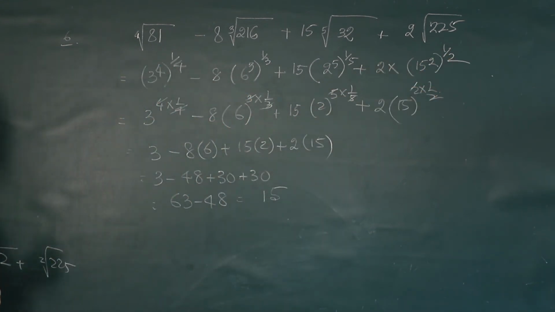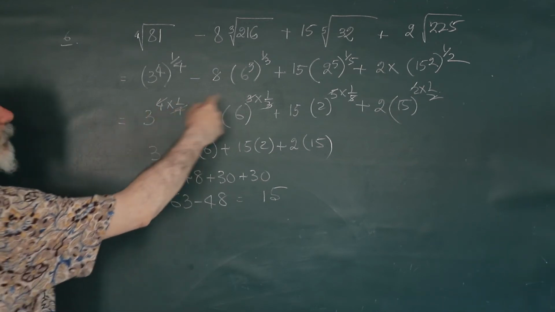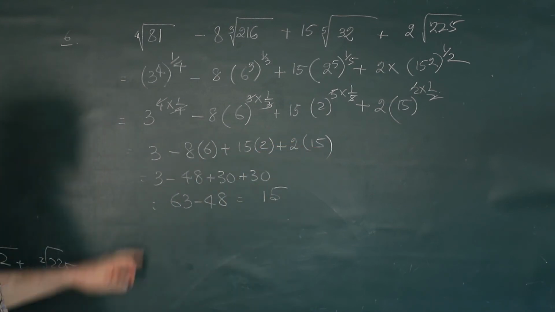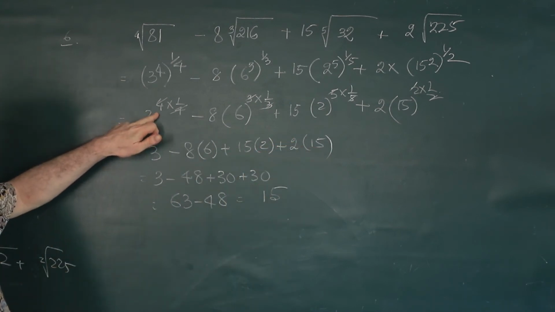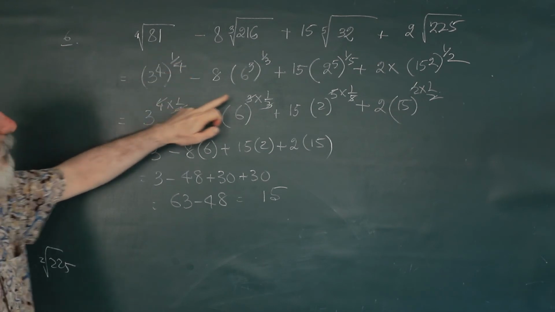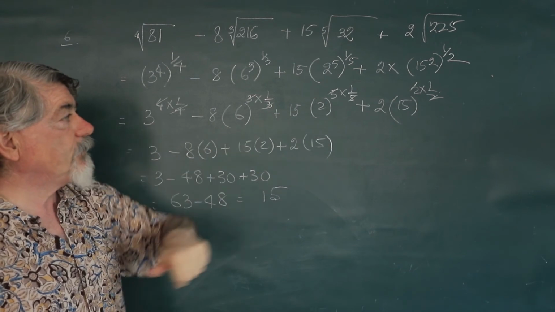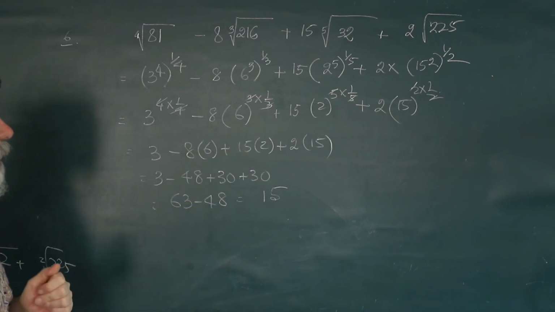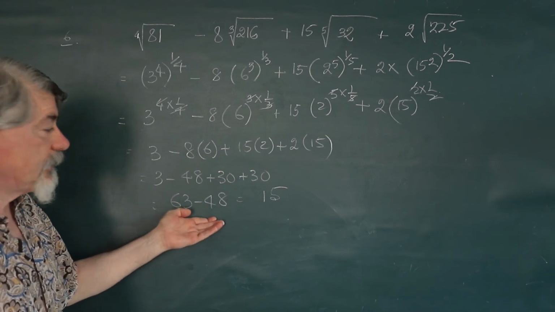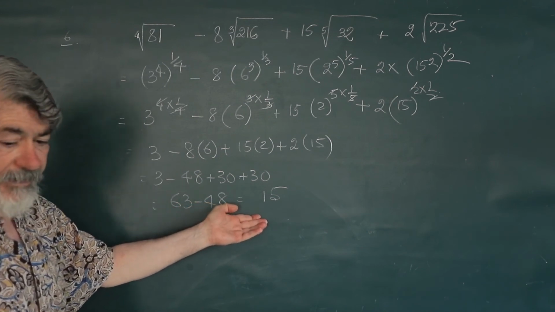So according to the power law, power to the power gets multiplied. So we brought the power and saw every power cancel with the number. So 4 into 1 upon 4 cancels, 3 into 1 upon 3, 5 into 1 upon 5, 2 into 1 upon 2. And we got the final answer as 63 minus 48, that is 15.